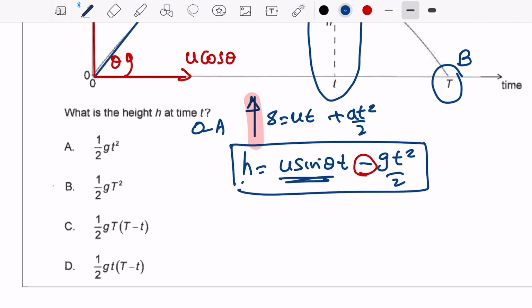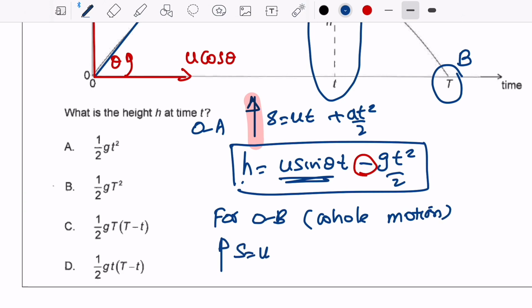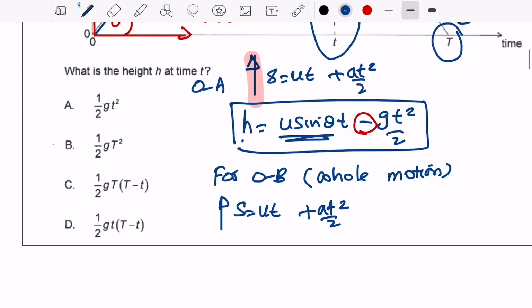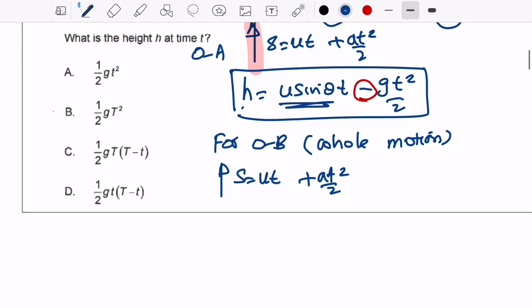So let's think about O to B, or the whole motion. I write again S equals ut plus at squared over 2. The total displacement at the end is 0, right?